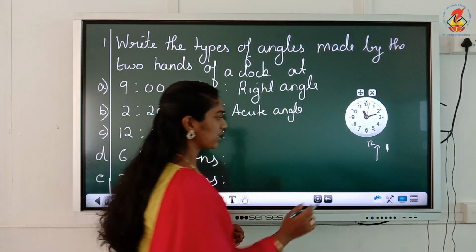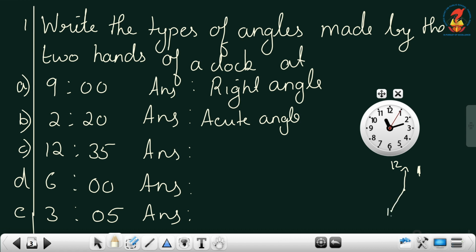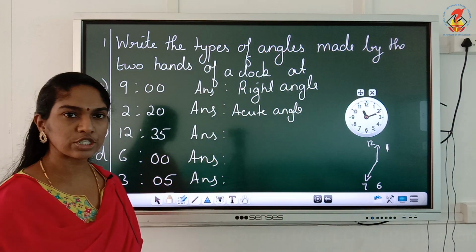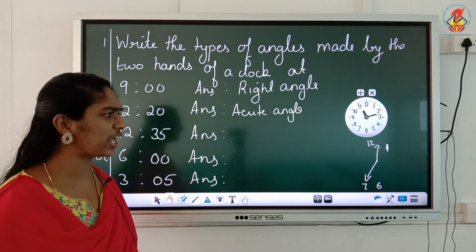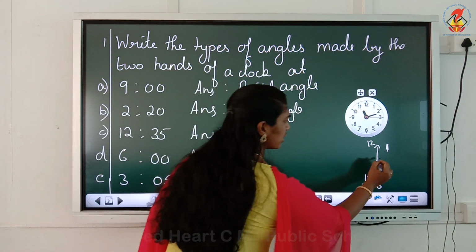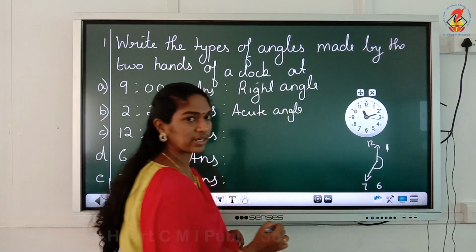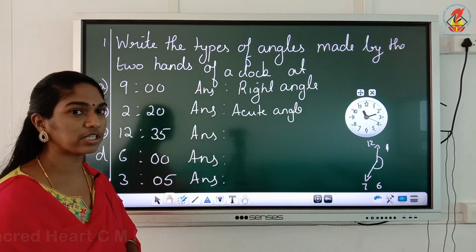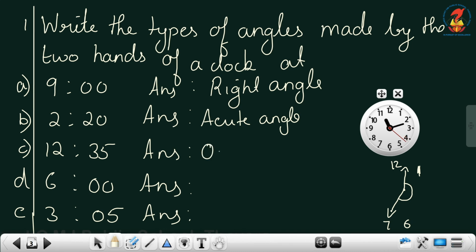At 7. So it will be like this. 12:35. This is 7 over here. 6 straight down. So what type of an angle is formed over there? This angle, children, what type of angle? It's a bit bigger, right? So it is called the obtuse angle. Yes, the angle formed at 12:35 is obtuse angle.